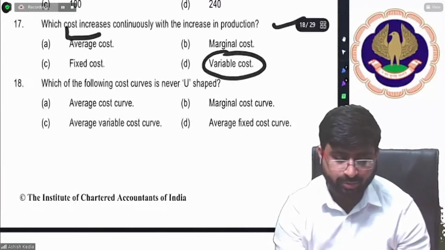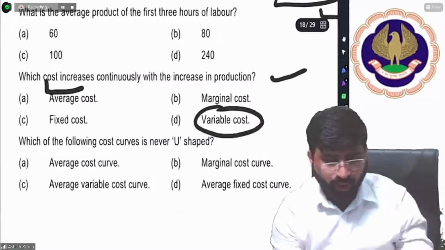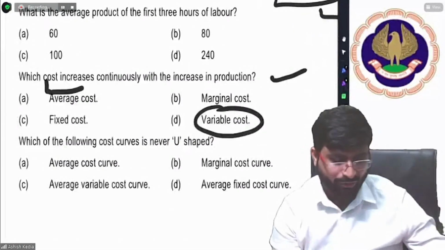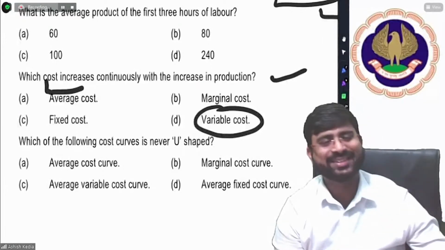So now let's move on to the next one. Let's see what we are able to answer here. Which of the following cost curves is never U-shaped? We have done a similar question, almost the same question we have discussed already.